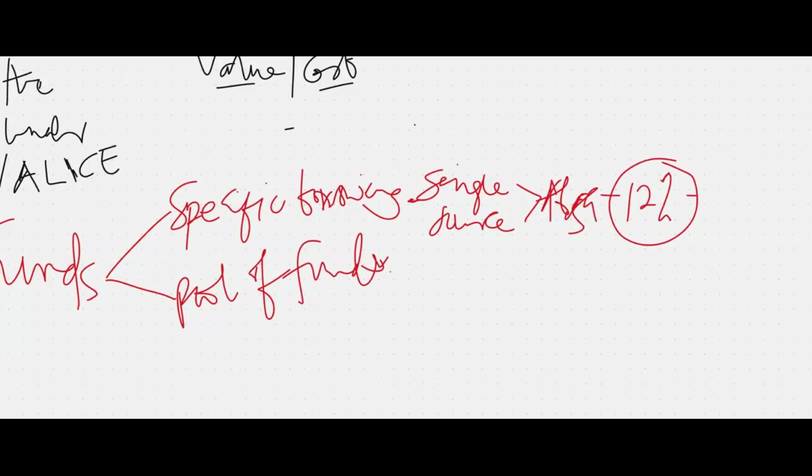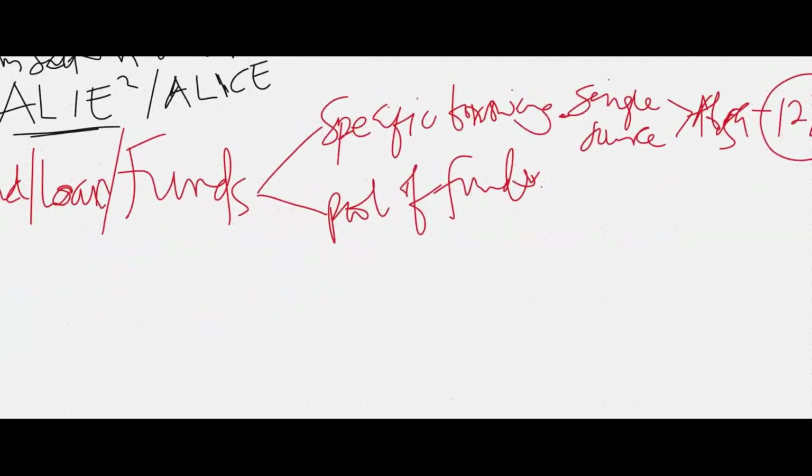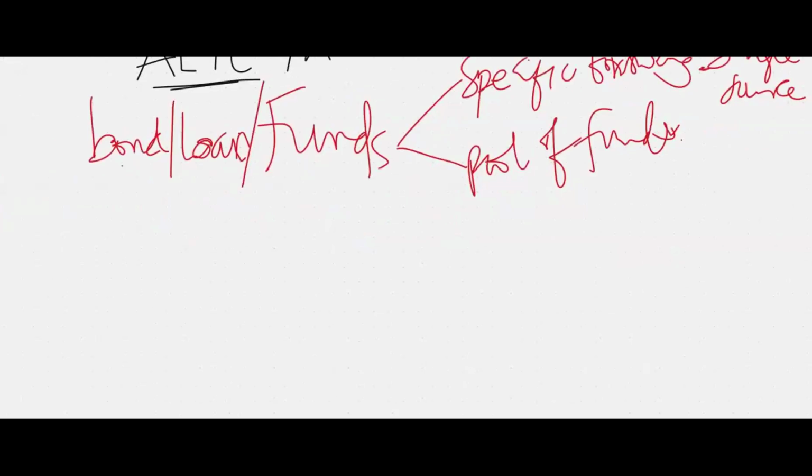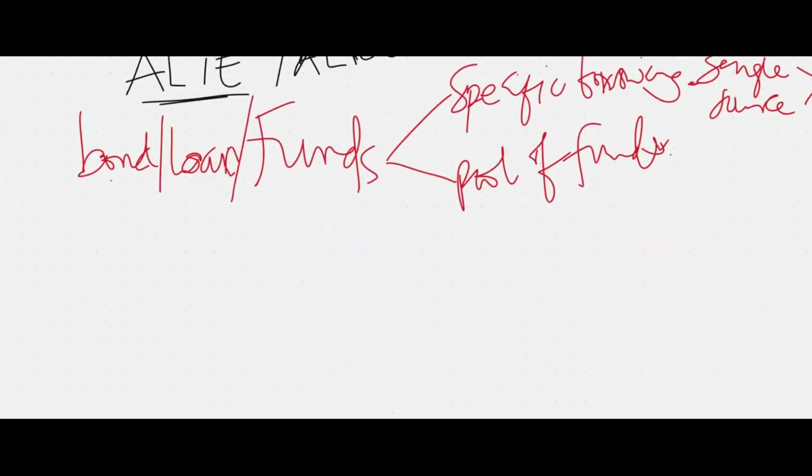Now, let me come here. When you go for a specific borrowing from a single source, let's say from Absa Bank, and you are given an interest rate of 12%, when you are asked to compute the borrowing cost, you need some items available for a specific borrowing. So I'm using brown here.